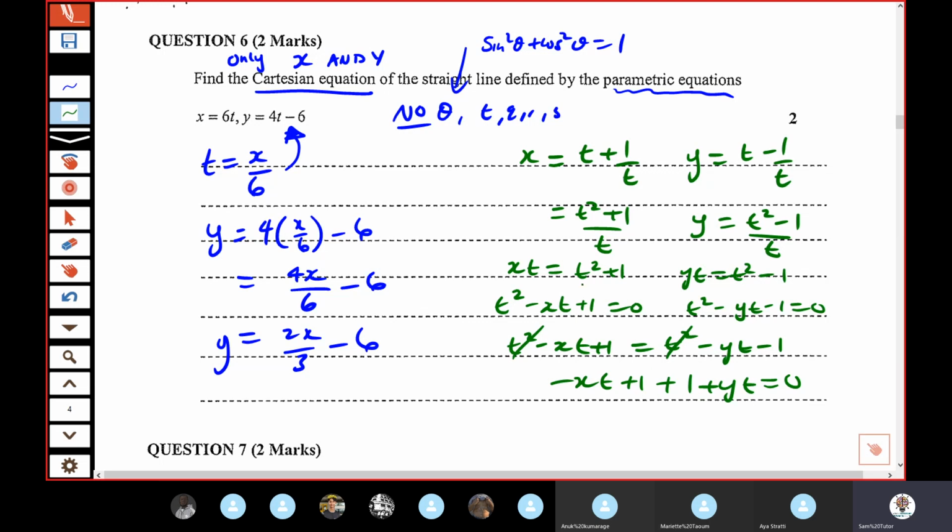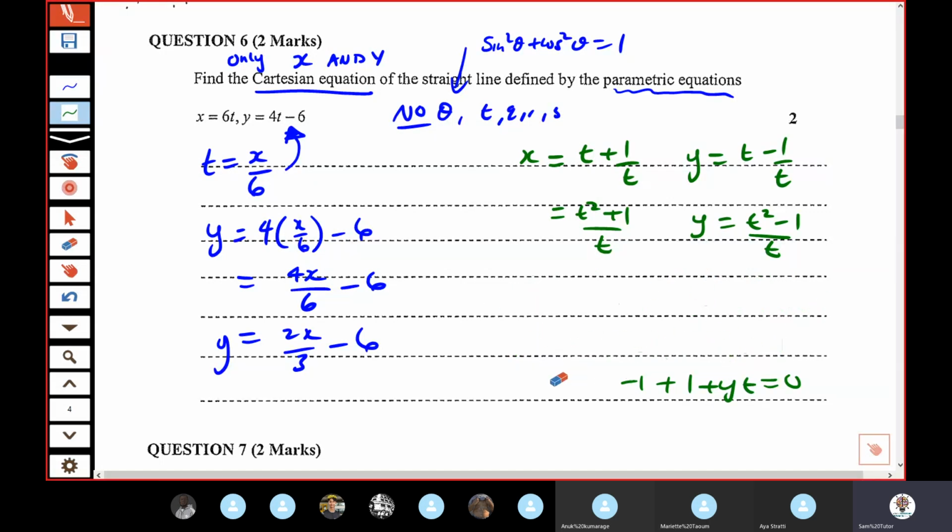You haven't been able to eliminate t. But I like your thinking. Unfortunately, it doesn't work for this question because you won't be able to eliminate t. So good try. Don't stop doing that. It's fine, but not going to work.